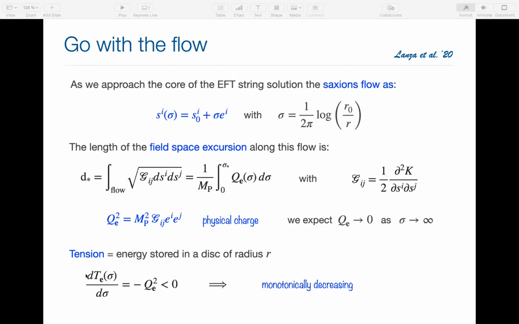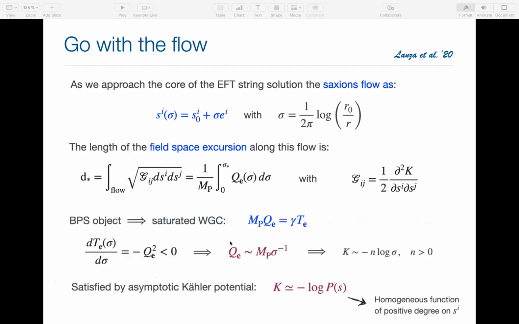How the tension decreases as we go along this flow. Okay, basically I'm decreasing the radius and the tension decreases like this. So essentially what I'm describing along my flow is a solution in which these parameters describing the string, the physical charge and the tension, decrease monotonically. Okay.